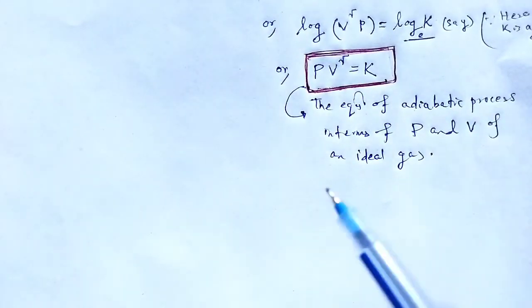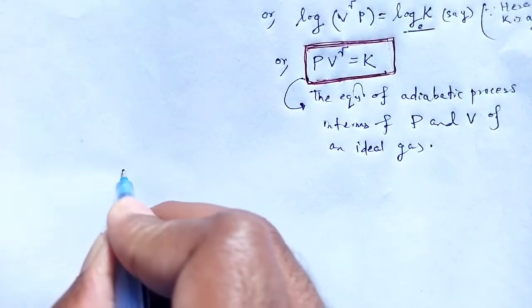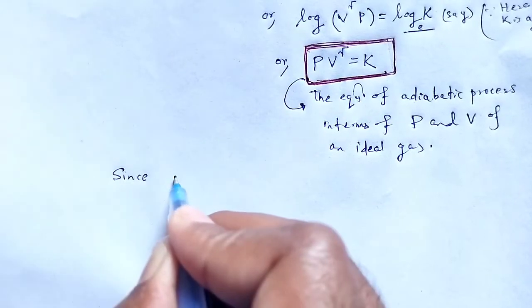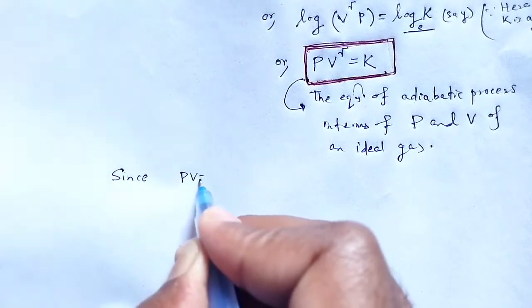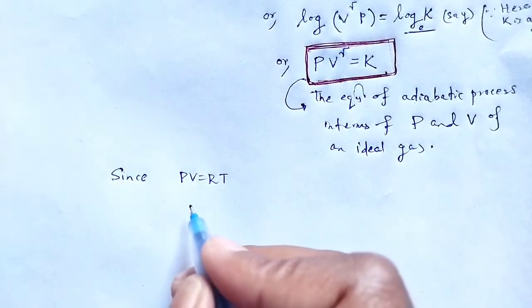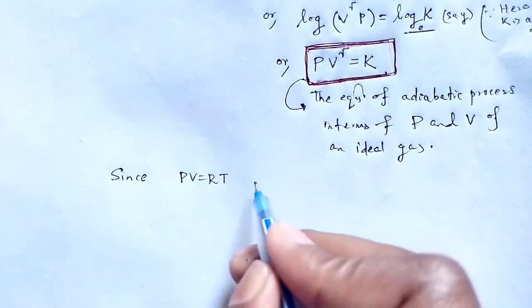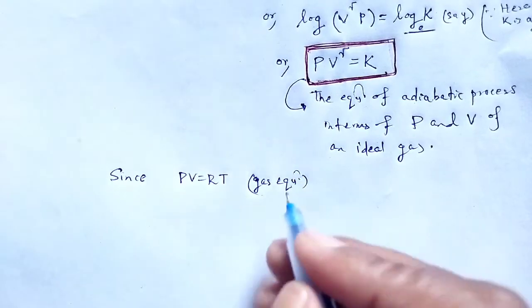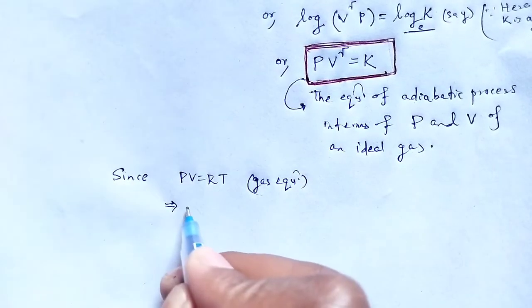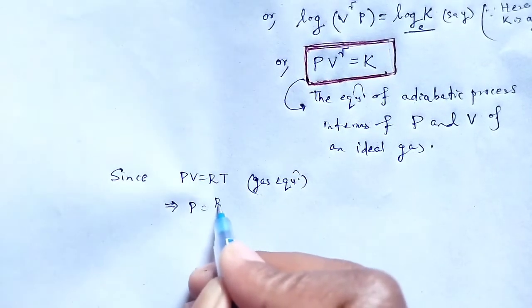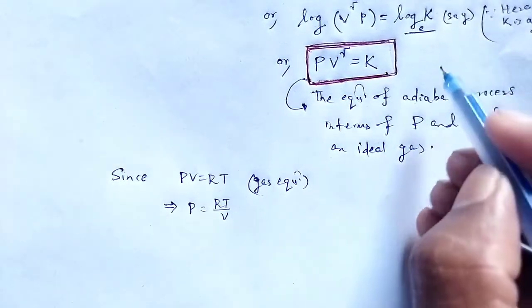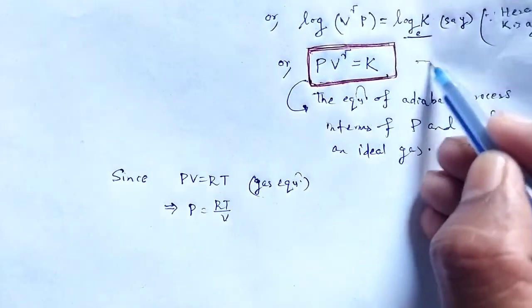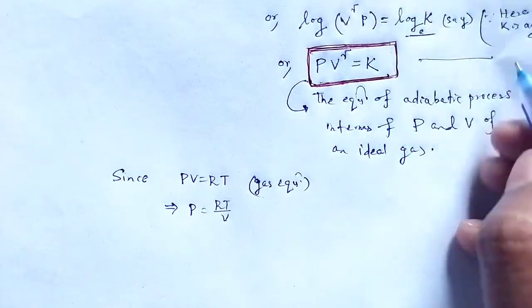Since PV is equal to RT, the ideal gas equation, we say P is equal to RT by V. Let us say that is equation number 3.